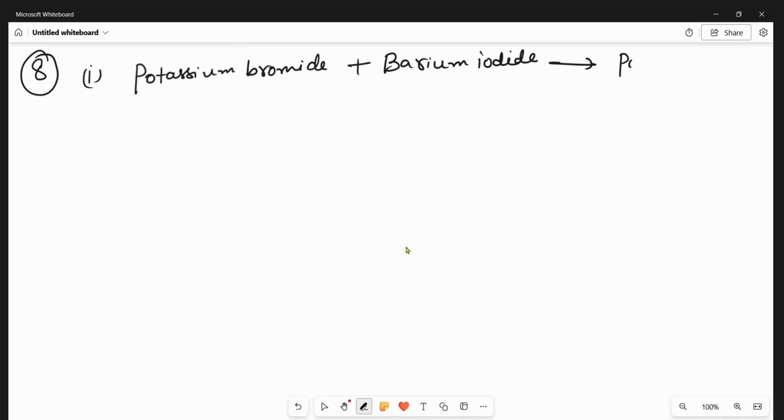We get potassium iodide plus barium bromide.